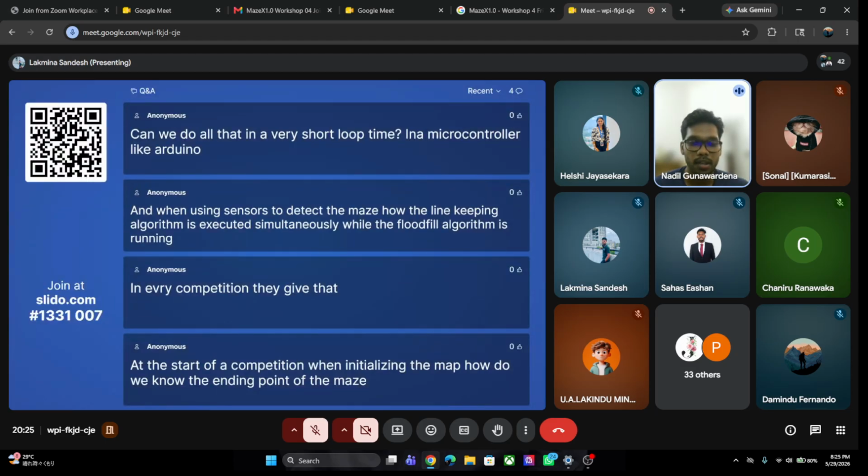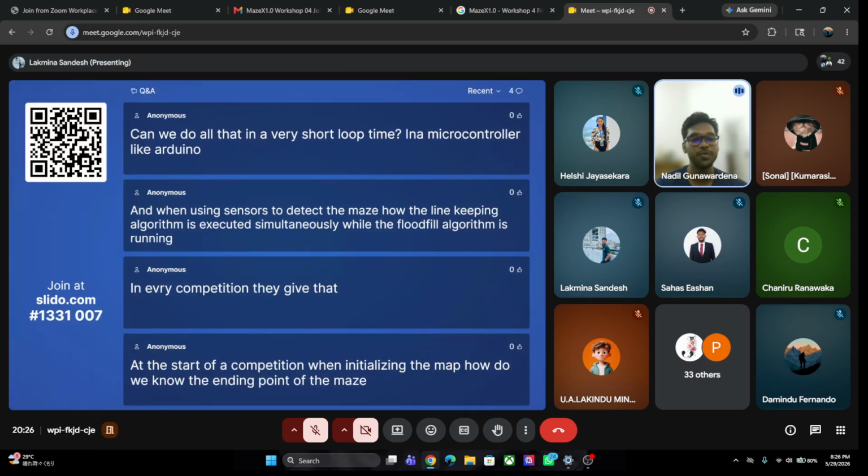Can we do all that in a very short loop time in a microcontroller like Arduino? That's a slight problem that we get. We actually do not use Arduino in micromouse competitions because the flood fill algorithm uses much more computational power, and in an Arduino, it takes time to calculate a 16 by 16 matrix.